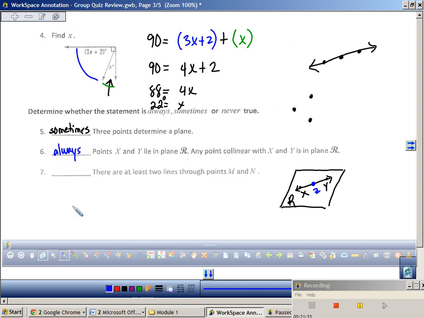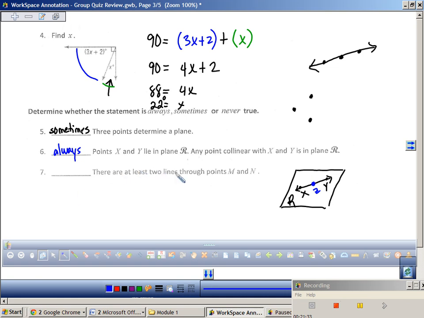Always. If there are 2 points in a plane and they make a line, and we identify another point on that line, then that point must be in the plane too. It's just like saying if I had a shirt on and then we talk about my socks, aren't my socks also in the room? Yeah, as long as I'm wearing them, right?